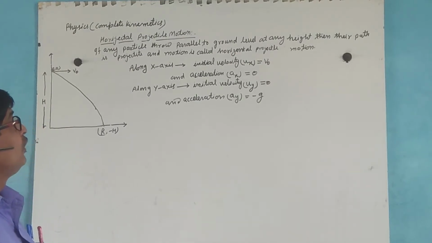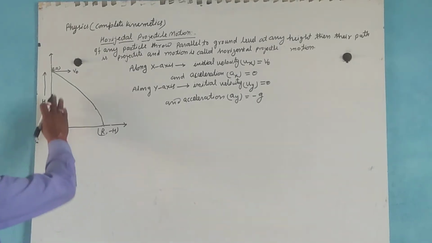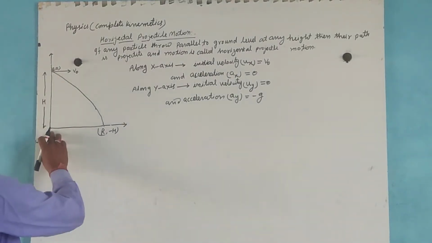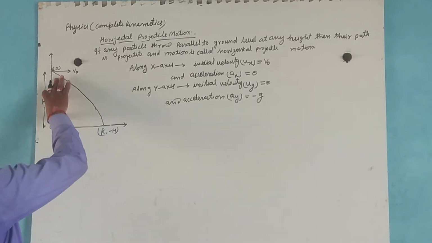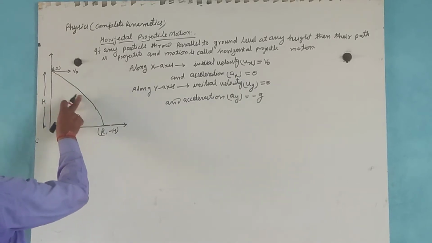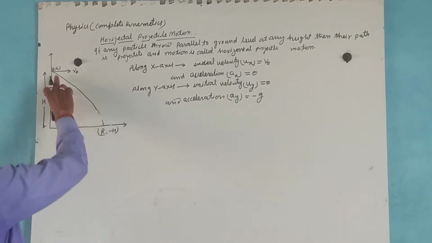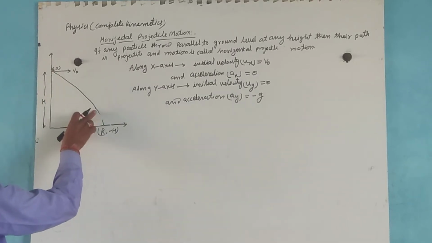If any particle is thrown parallel to the ground level at any height, then its path is a projectile path, and this motion is called horizontal projectile motion.